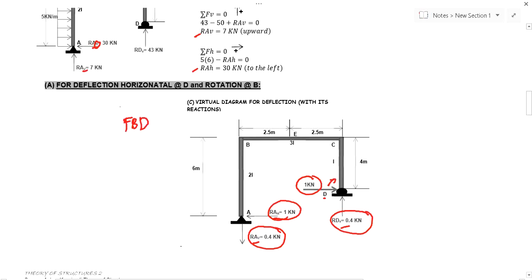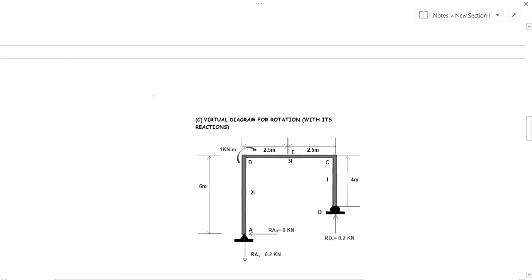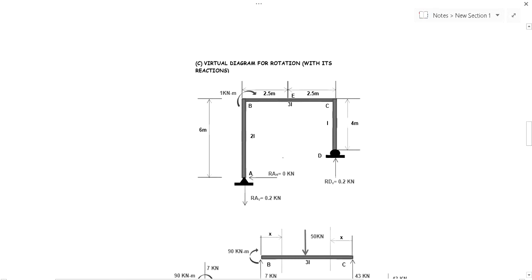How about for our rotation? To draw the virtual diagram for the rotation, we remove all the loads of the beam and replace them with a unit couple. The problem says we have to determine the rotation at B, so we apply our 1 unit couple at B. If we apply 1 unit couple here at B, we can solve for the reactions at our support.